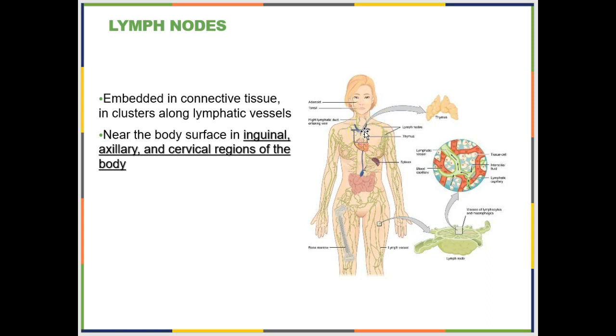So all lymph will pass through a lymph node at some point before it gets dumped back into the bloodstream. There are three major superficial accumulations of lymph nodes. So you have a lot of lymph nodes in your inguinal region, your axillary region, and your cervical region, right?